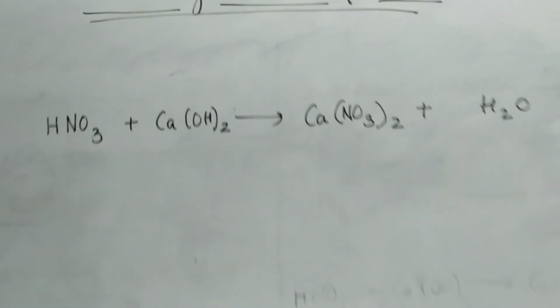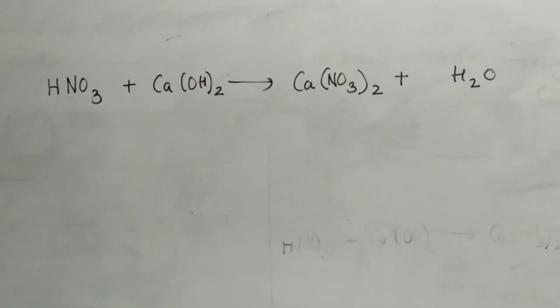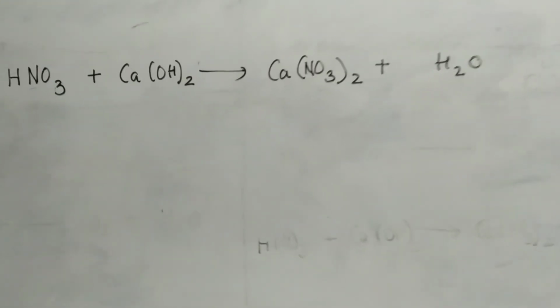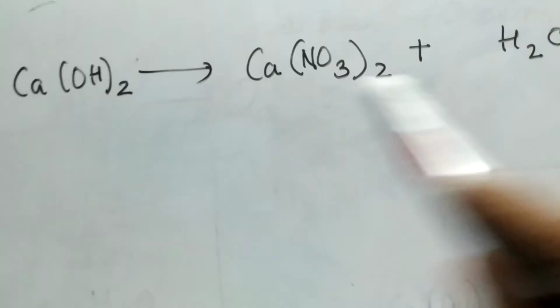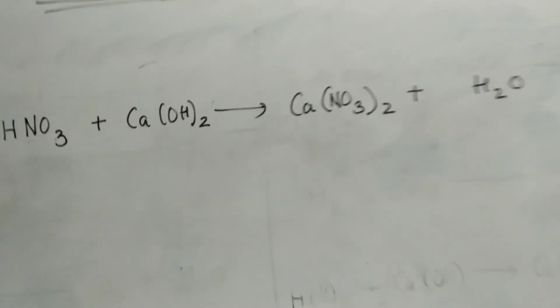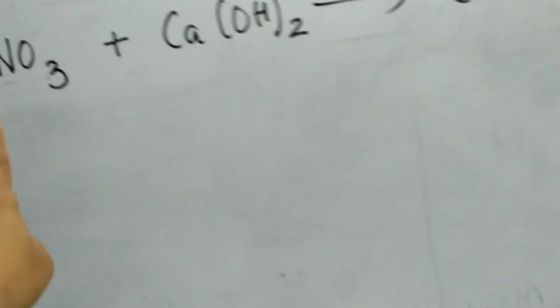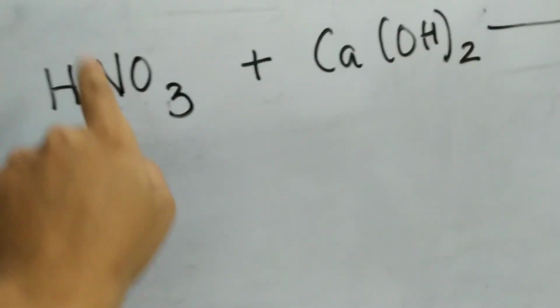Sometimes it may happen that a group is there on the reactant side, but in the product side the group may not remain as it is. Like OH is a group here, but we don't have any group in the product because that group has combined and we have got a new product. But now see, as NO3 is in the form of a group, there is only one NO3 on the reactant side and here there are 2 NO3s.